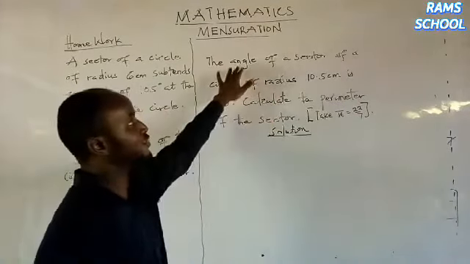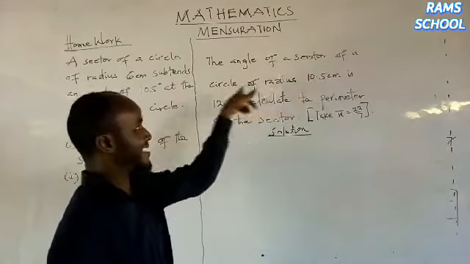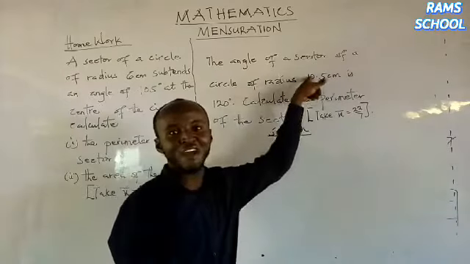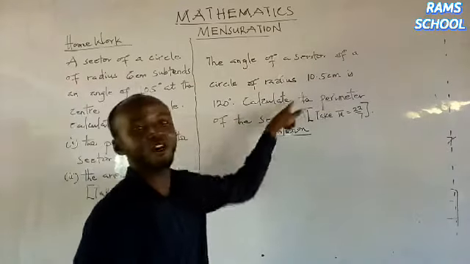You see that in this question, they didn't draw any diagram for you. They just said the angle of a sector of a circle of radius 10.5 centimeters is 120 degrees. Calculate the perimeter of the sector.